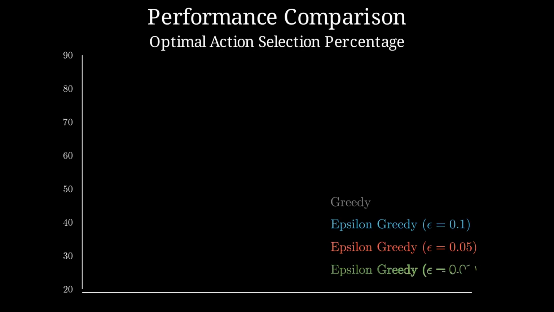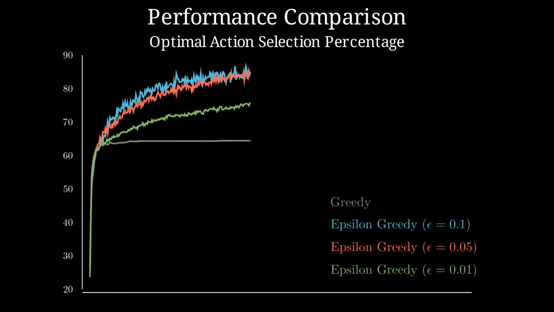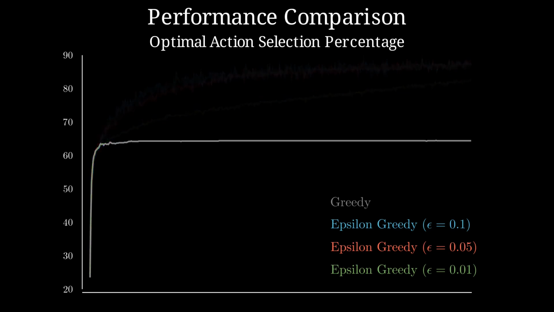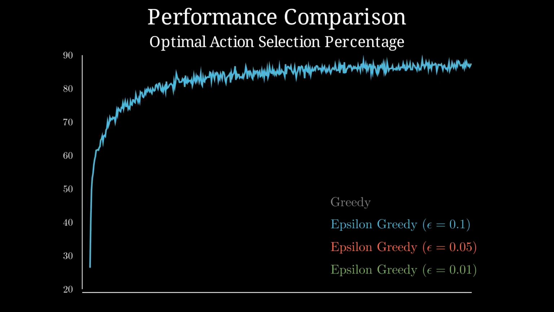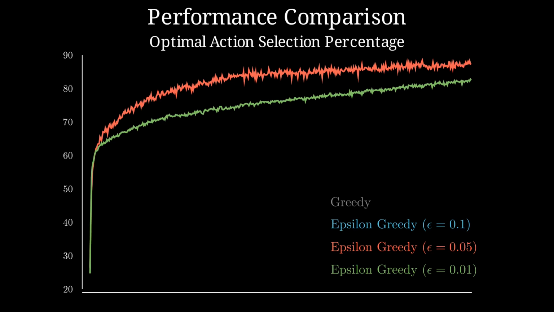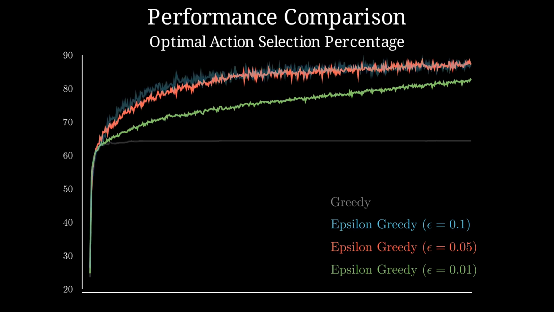Epsilon-greedy agents steadily improve their selection of the optimal action over time, while the purely greedy agent performs poorly, often getting stuck in suboptimal actions. Higher epsilon values, like 0.1, lead to faster exploration, but slightly slower convergence to the optimal action, whereas smaller epsilon values improve more gradually but achieve higher long-term performance.